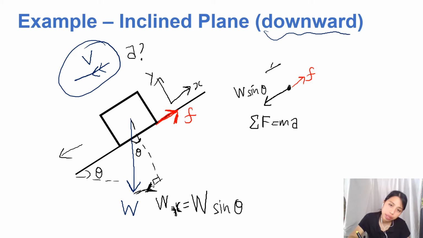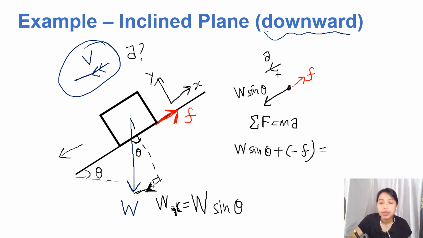If acceleration this way is positive, for convenience, because we don't want to deal with too many negatives, then you need to add both forces together. So W sine theta plus, friction's going back, so actually a minus F, equals the mass of the block times acceleration. Then from there on, you can solve, and depending on how much info you're given, you can find the acceleration.